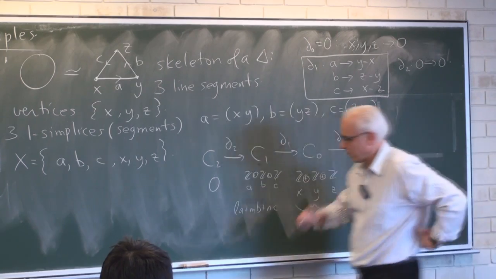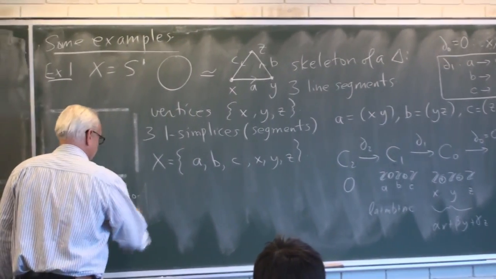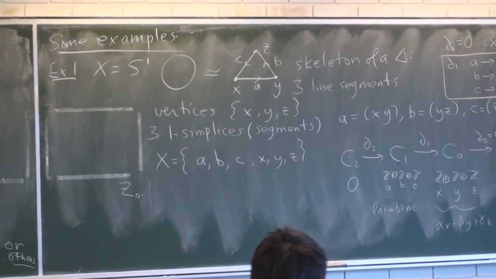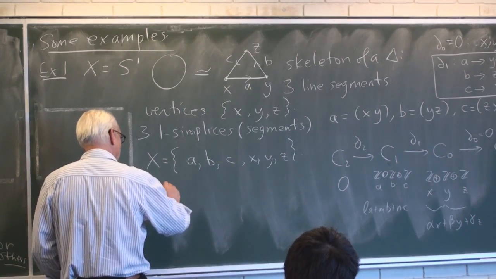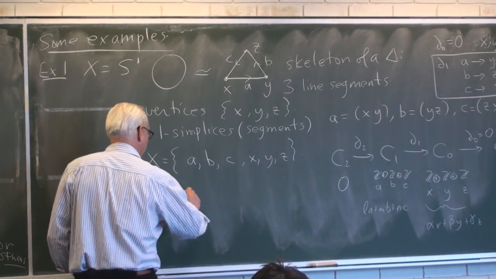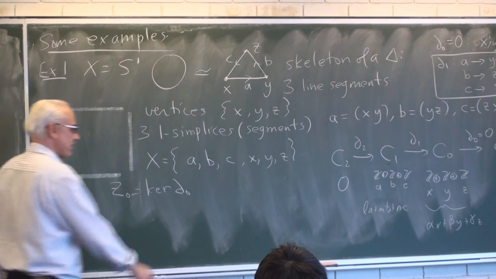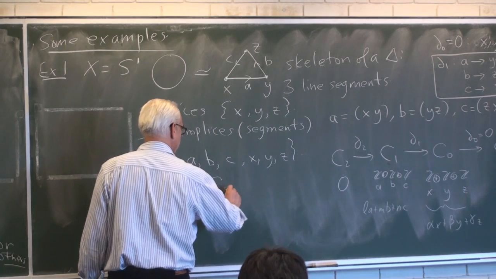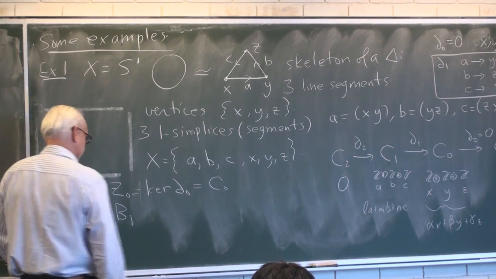So let's look at C0 first. So let's look at Z0. Those are the cycles in C0. That's the kernel of this del0. Well, that's the 0 map, so everything gets sent to 0. That's all of C0. Everything gets sent to 0. What about the boundaries?